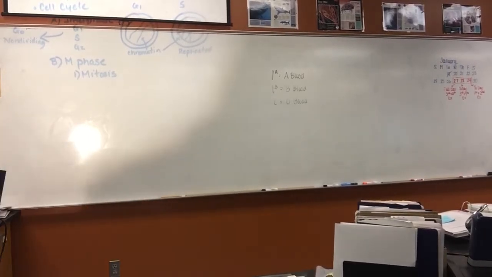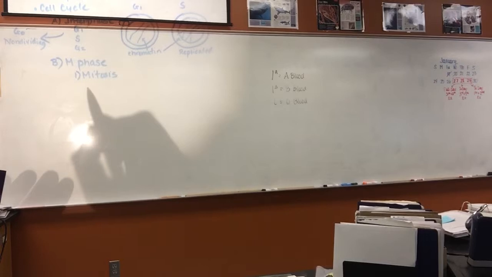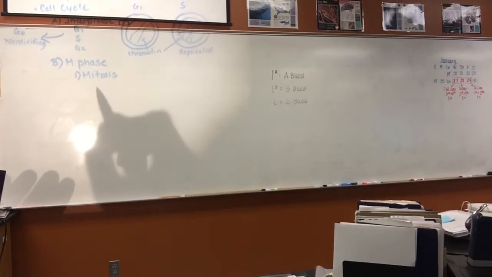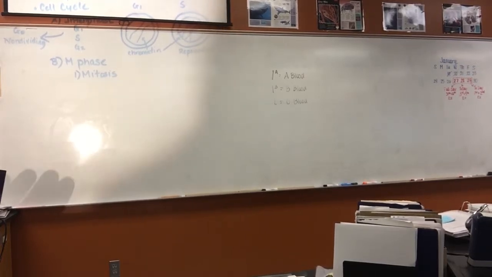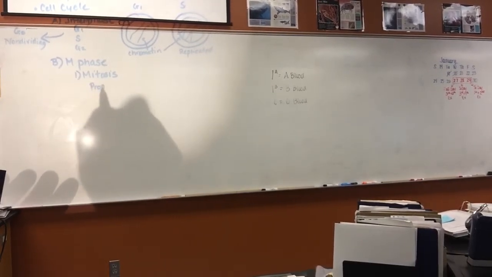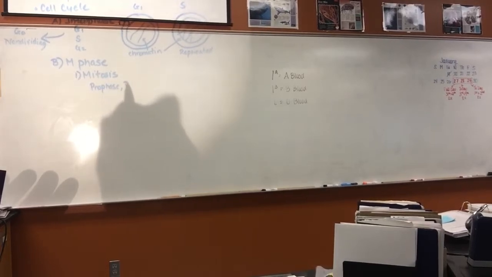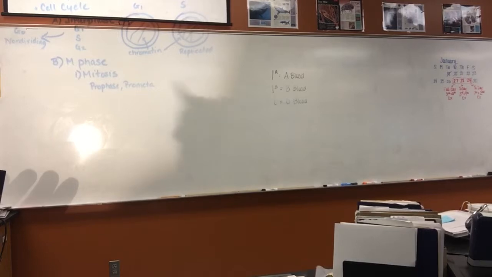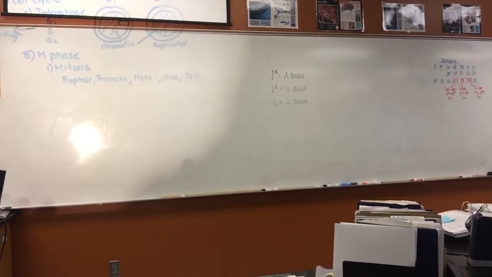Mitosis is also subdivided into smaller subphases, kind of. Do you guys remember the phases of mitosis? Prophase, prometaphase, I'm just going to abbreviate, metaphase, anaphase, and telophase. And that's the end of mitosis.